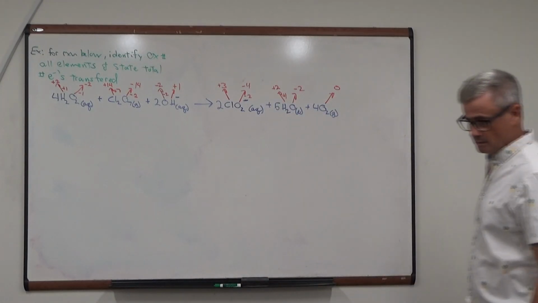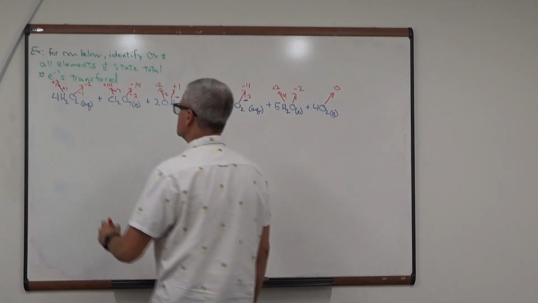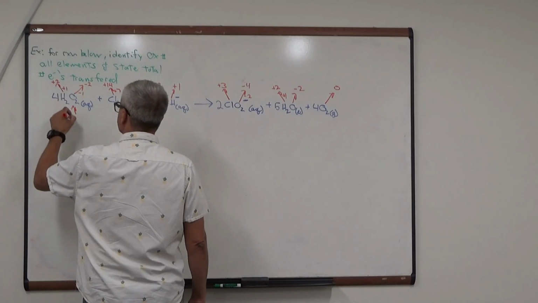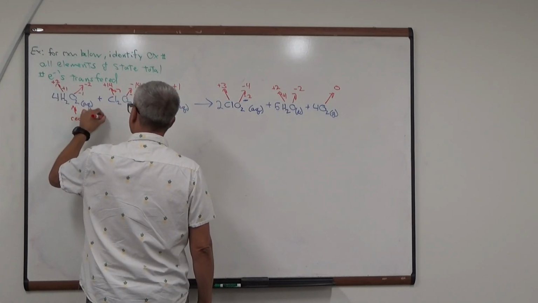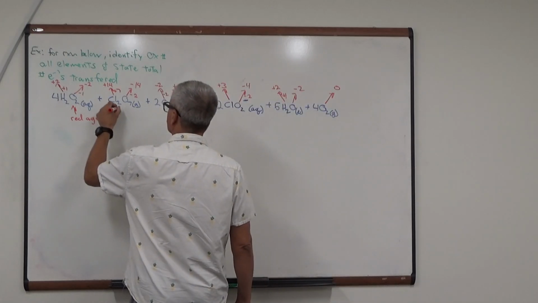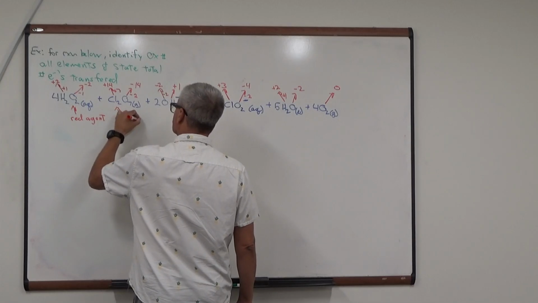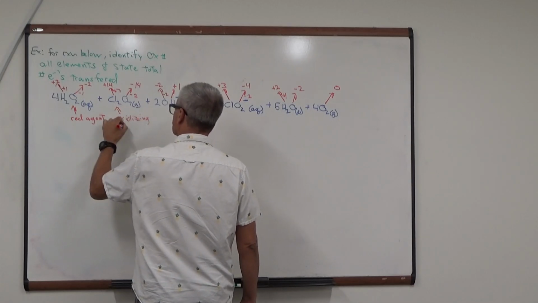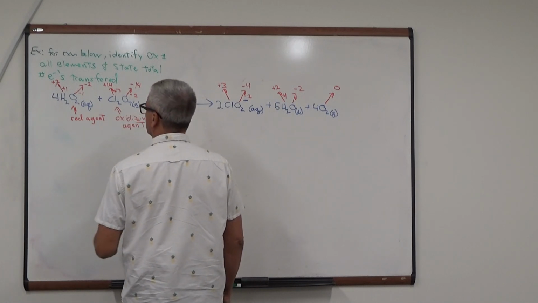Okay. So let's look at how many electrons were transferred. So that was the reducing agent. This was the oxidizing agent. Okay.